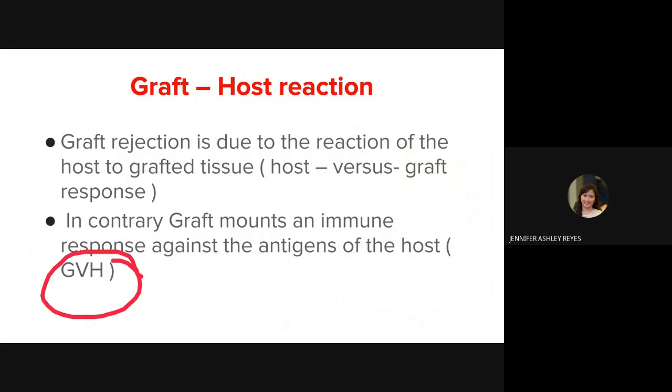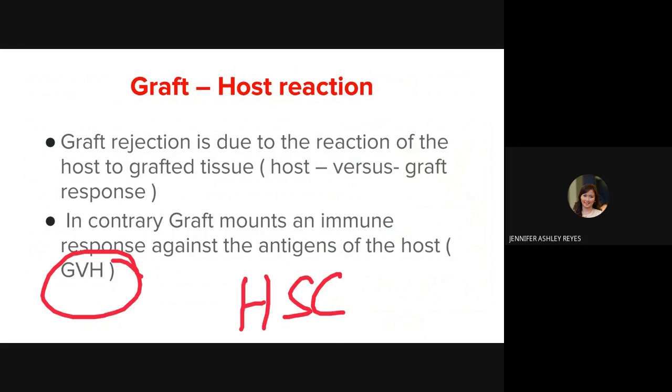That happens when there are immunologically competent cells or their precursors being transplanted to an immunologically compromised recipient. And those transferred cells will recognize alloantigens in the host and attack host tissues. So that is seen in hematopoietic stem cell transplantation.